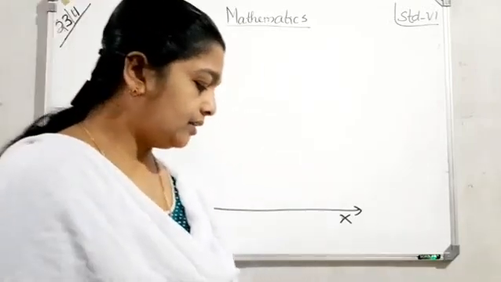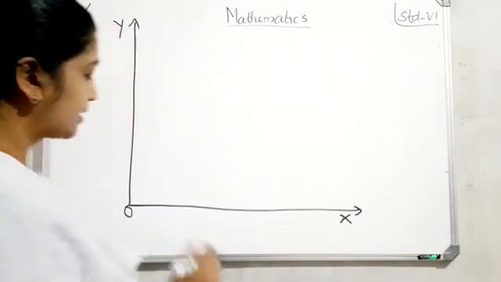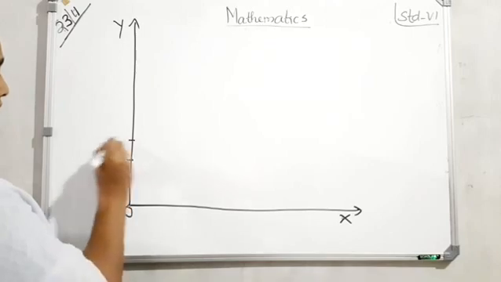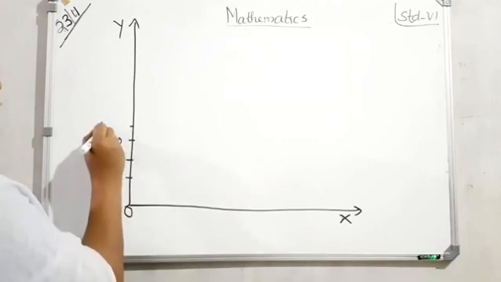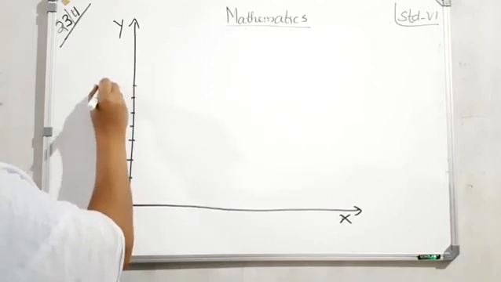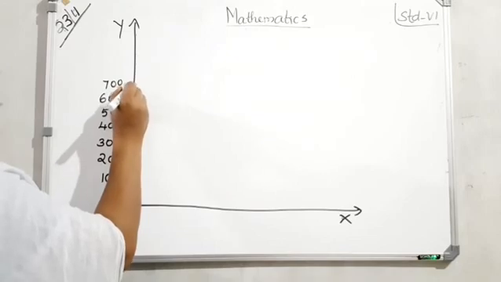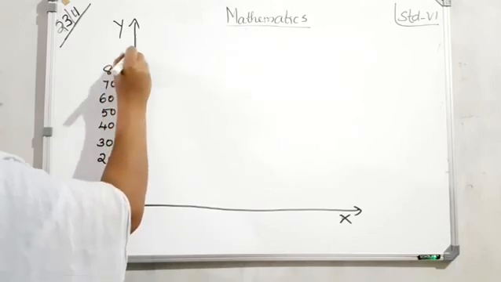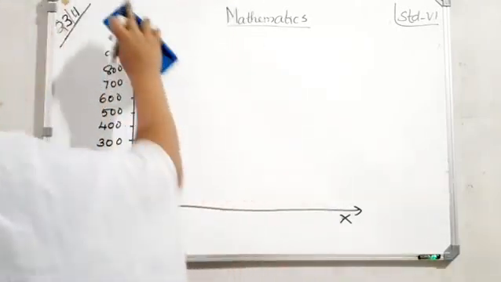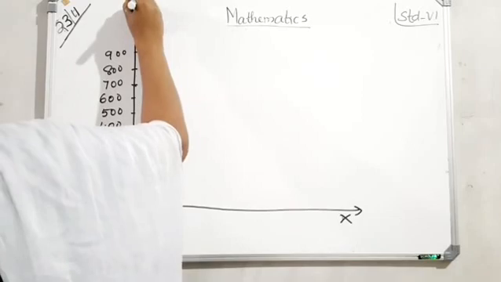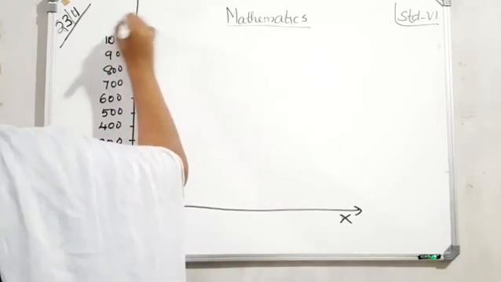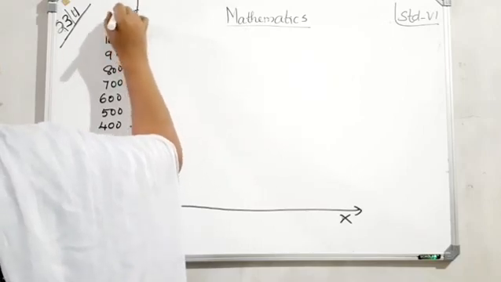We can take the scale 100, 200, 300, 400, 500, 600, 700, then 800, 900, up to 1200: 1000, 1100 and 1200.